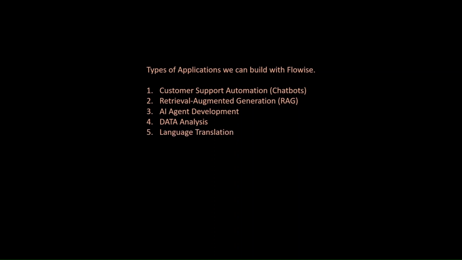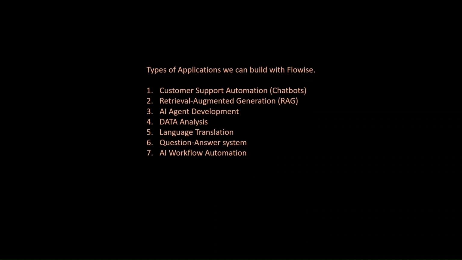Then we have language translation, where we can convert text in one language into another language. And here we are talking about natural, human languages like Korean, Japanese, Chinese, English. Now we have question answer systems and then AI workflow automation. So these are a few of those use cases where we can use Flowise.